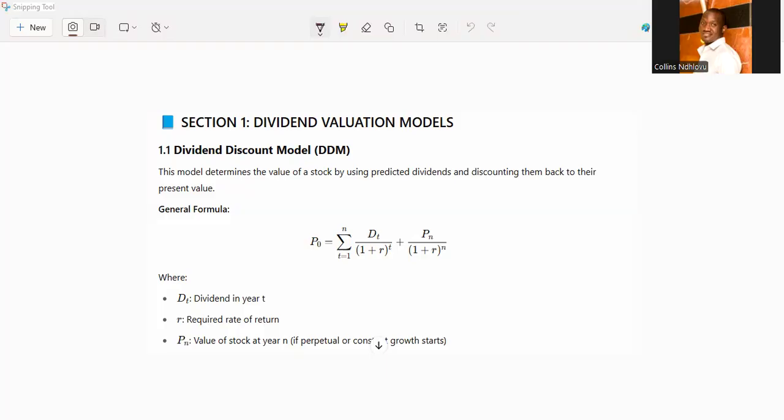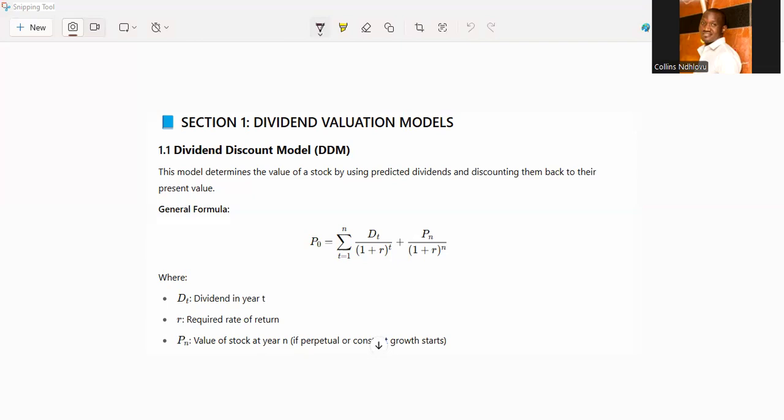So we have what we call the DDM, which is a dividend model. It's a fundamental method that is used when evaluating equity, and it asserts that the fair price of a stock is actually the sum of the expected future dividends discounted back to their present value using the investor's required rate of return.